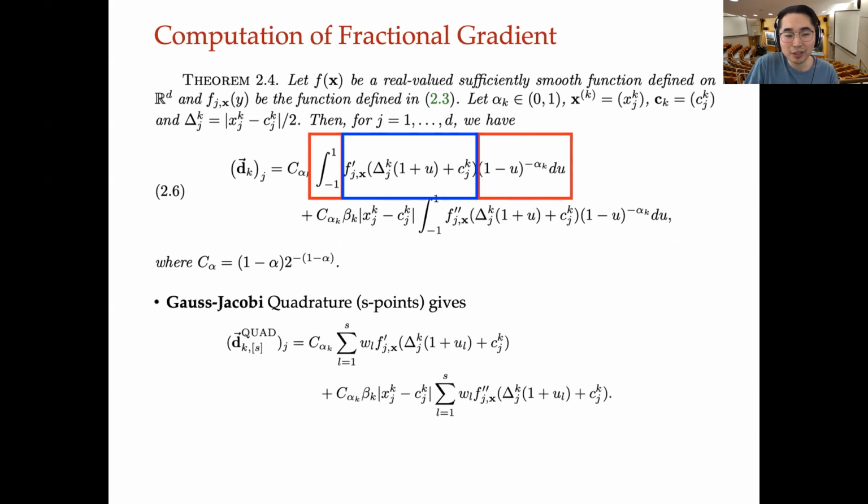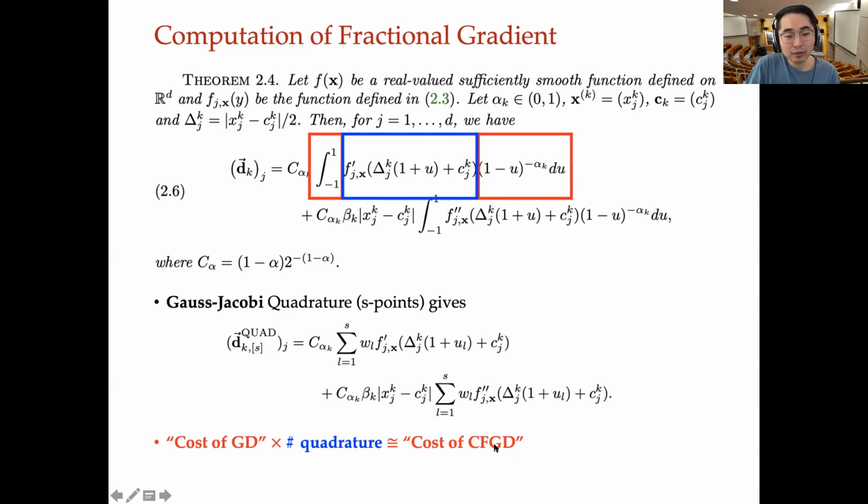Then we have a really good method for estimating it. This is the Gauss-Jacobi quadrature. At the implementation level, we can employ the Gauss-Jacobi quadrature using, say, S points. Then this will give you the following formula. Then you may want to ask how expensive this is compared to gradient descent. Roughly speaking, the cost of GD times the number of quadrature points you used is roughly the cost of the Caputo fractional gradient descent.